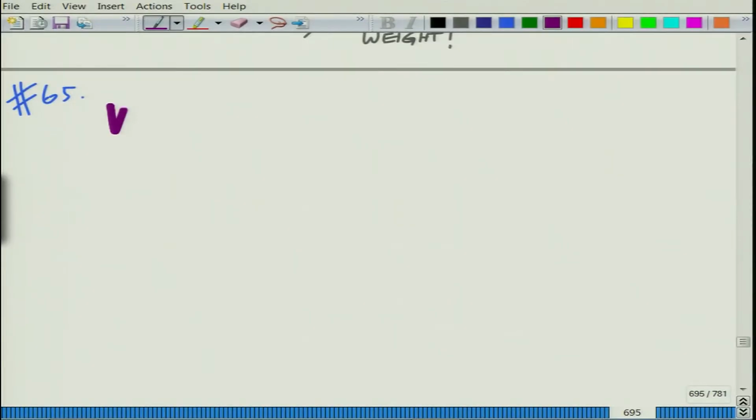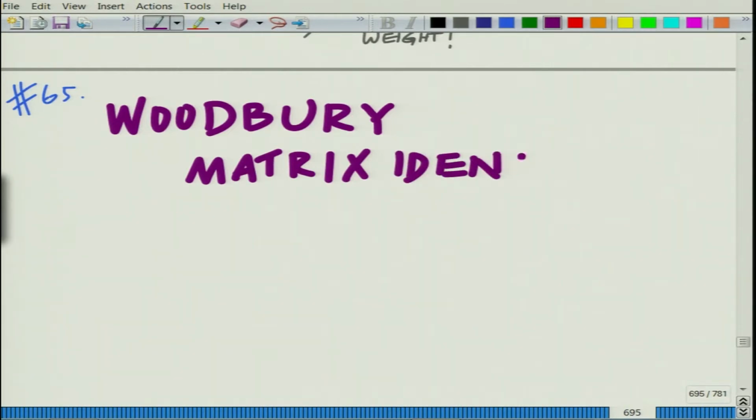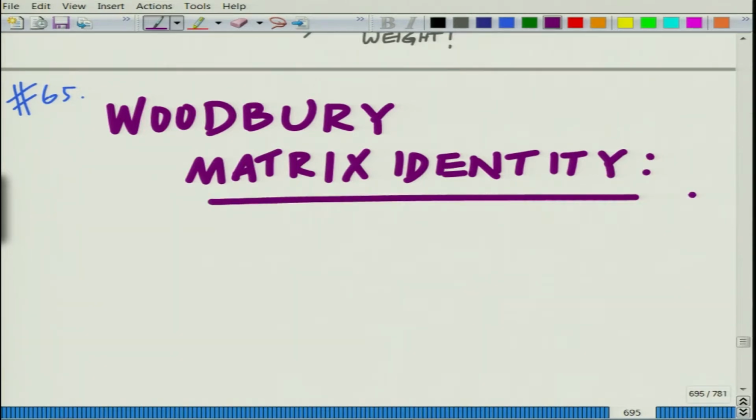So, we are going to discuss the Woodbury matrix identity. And what is this matrix identity? This is also, by the way, known as the matrix inversion lemma. I mean, there are many names for this.